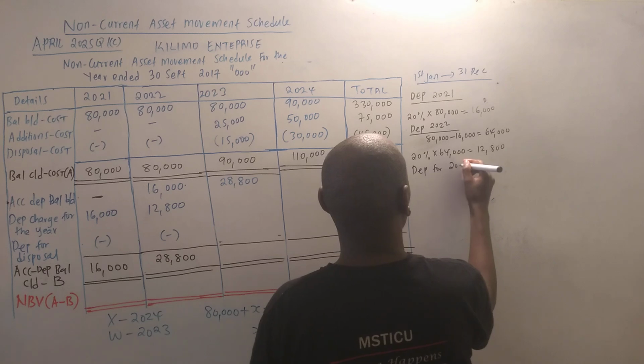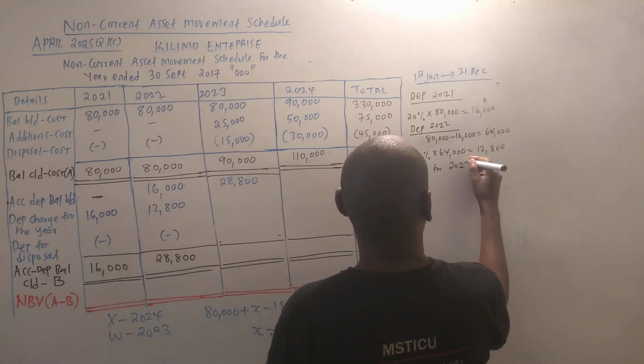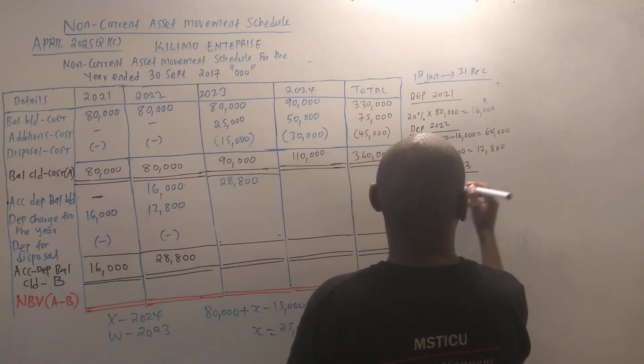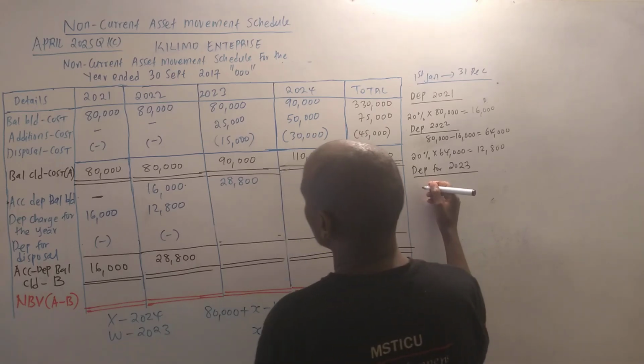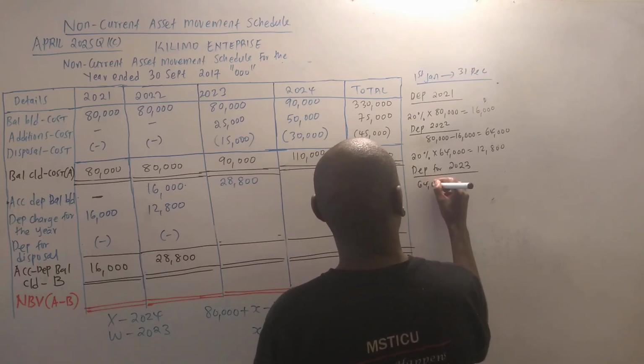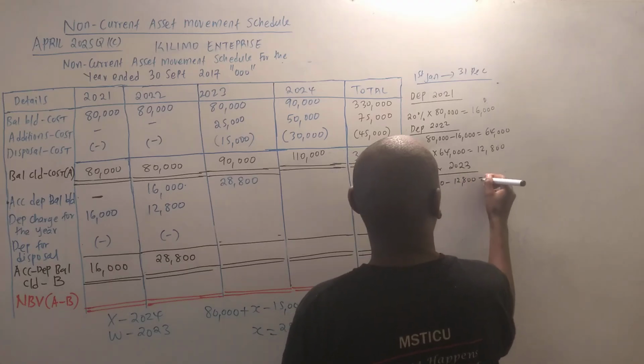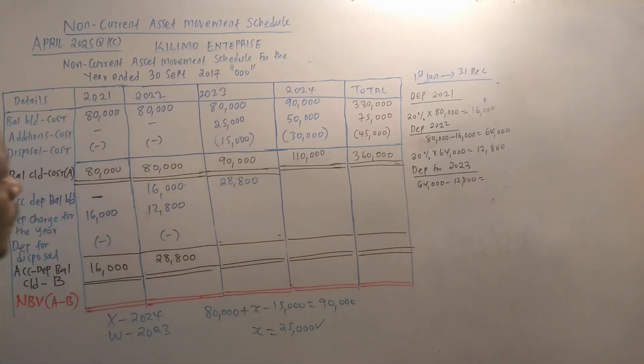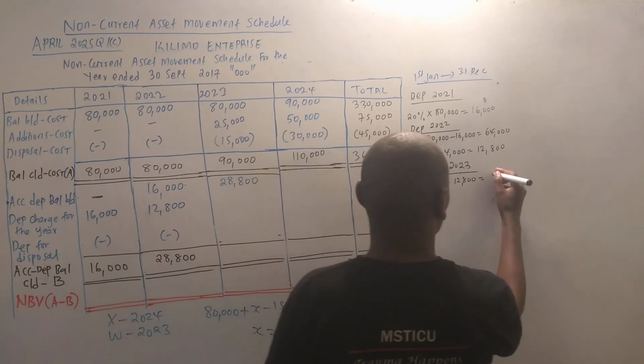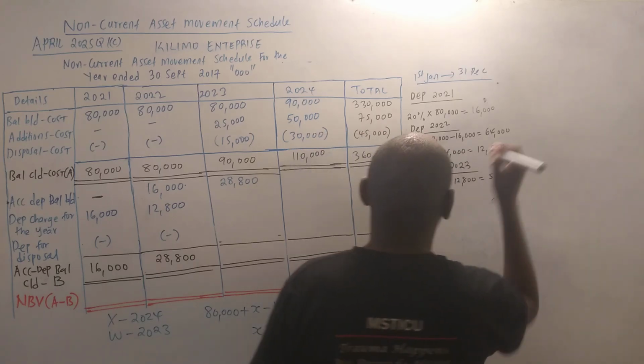Then we need to consider depreciation for 2023. That will be equal to what? 64,000 minus 12,800 is 51,200.